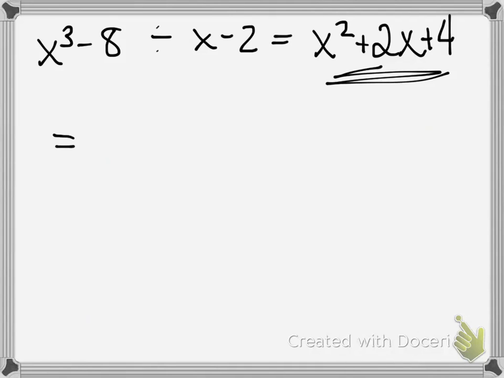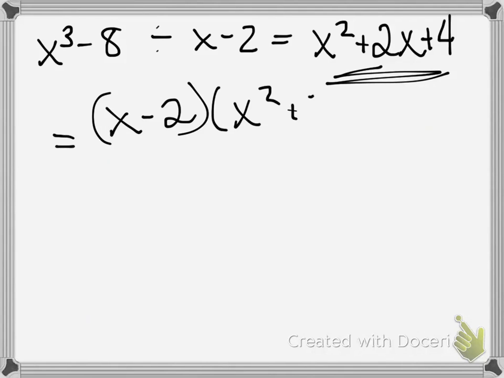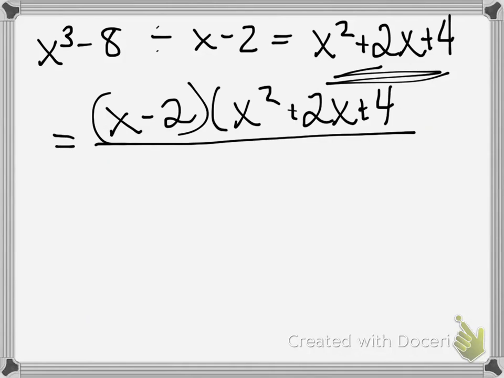So that allows me to factor my numerator to x minus 2 times what was left over. And then we still have the x minus 2 in your denominator. And now you see those cancel out. And now you can find the limit because you can plug in 2 and not run into any trouble.